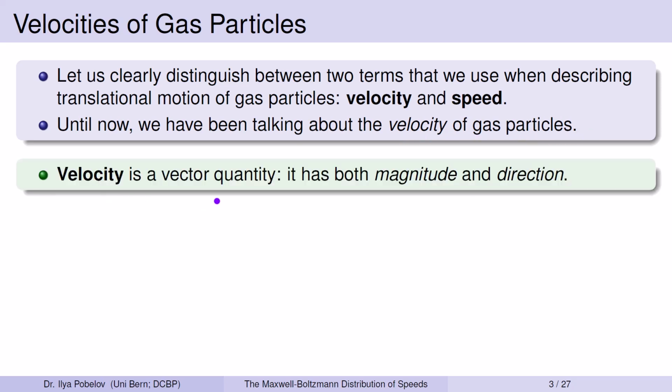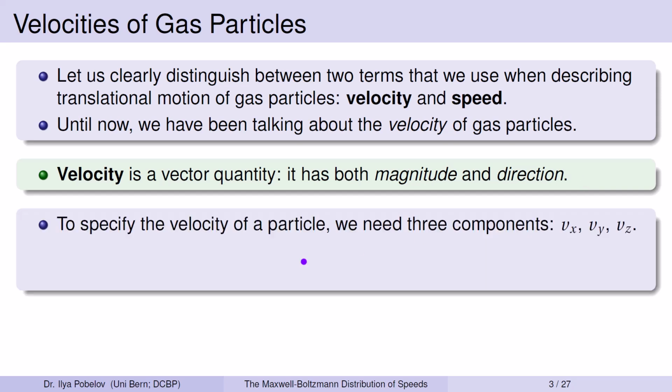Velocity is a vector quantity, which means it has both magnitude and direction. To fully specify the velocity of a particle, we need three components. Usually, we label these components as Vx, Vy, and Vz.